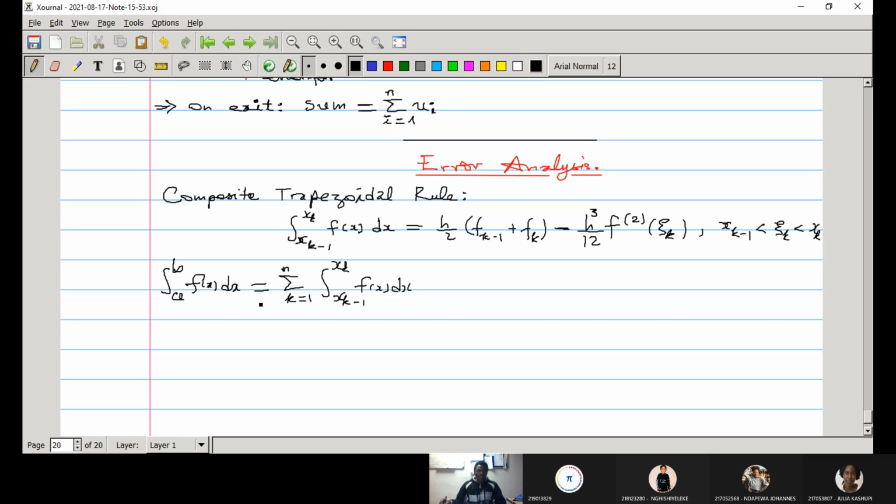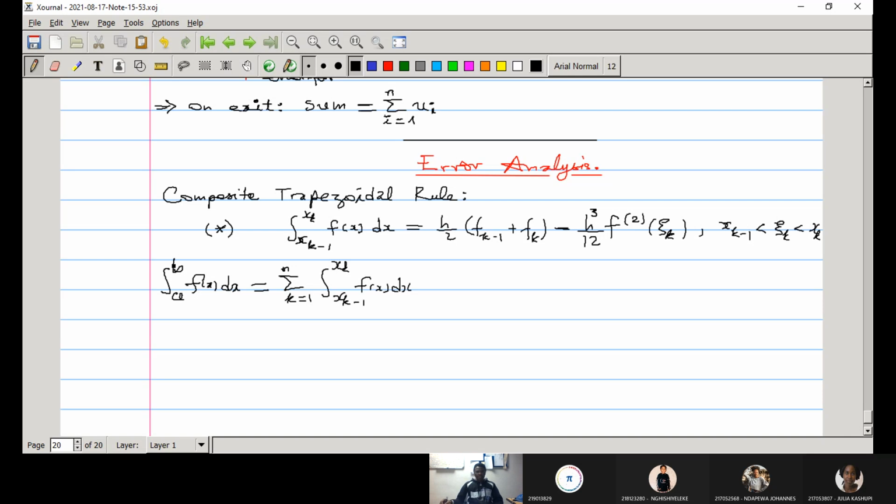So for us to get this integral, we need to sum this entire expression, right? If I call that star, we need to sum star to get the whole integral.